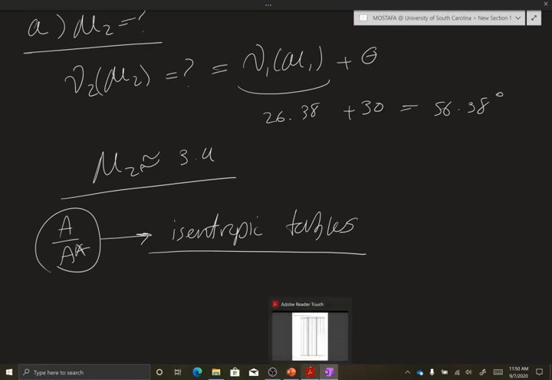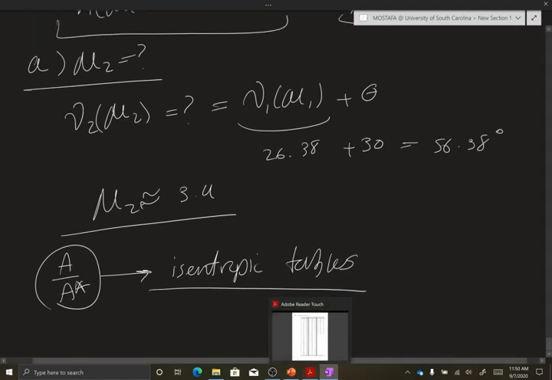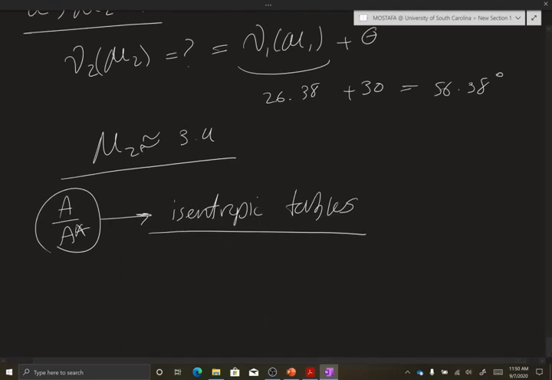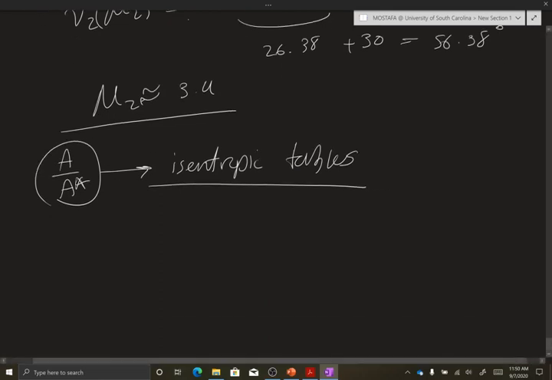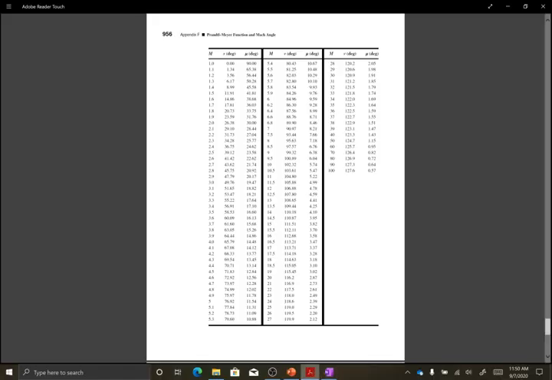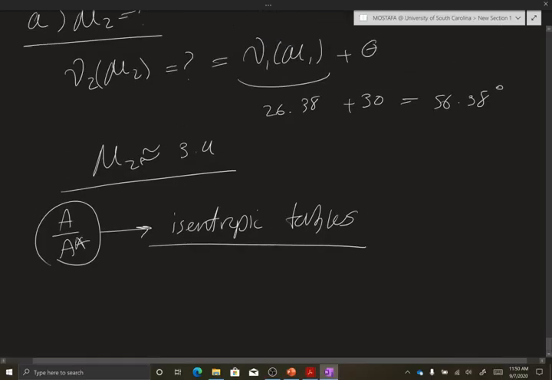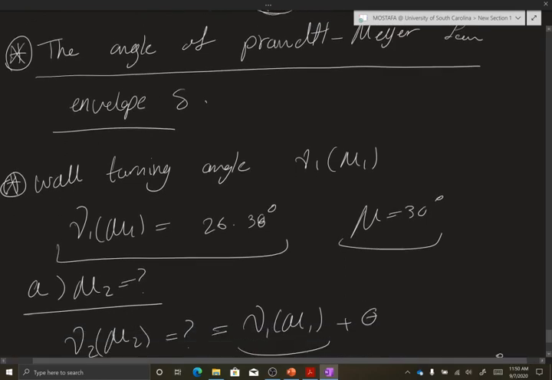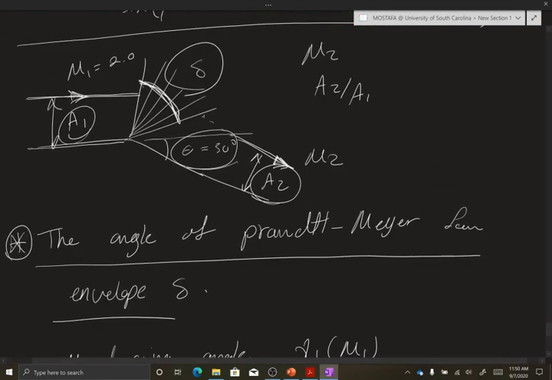A star is the area a specific streamline makes with the wall during the sonic condition, right? Keep in mind, I have a feeling that we didn't really go over this, but these areas are arbitrary streamlines. We don't need a specific streamline because we are dealing with the ratio of the areas.